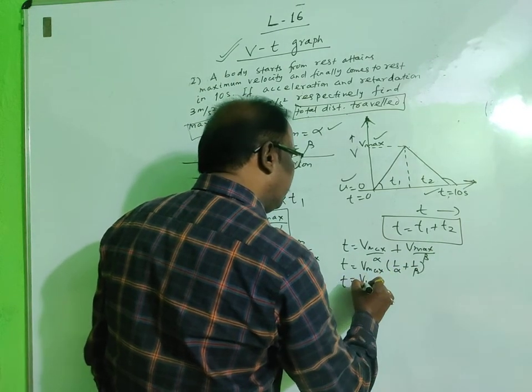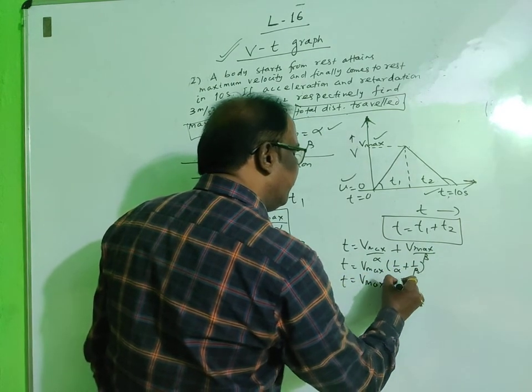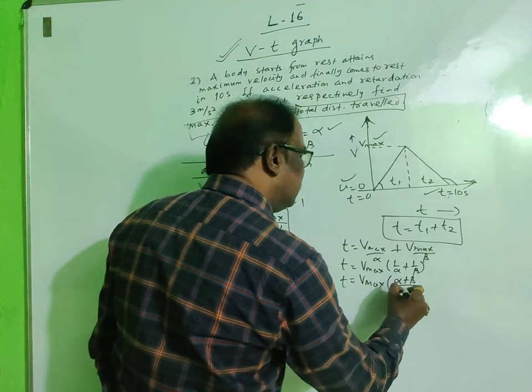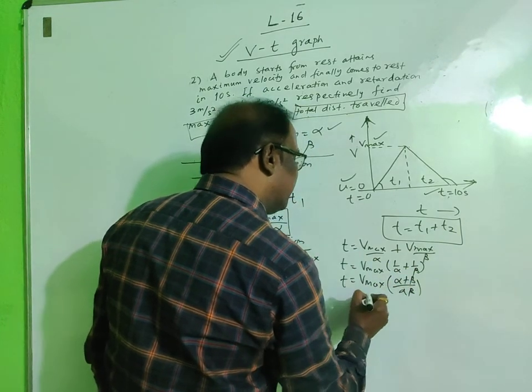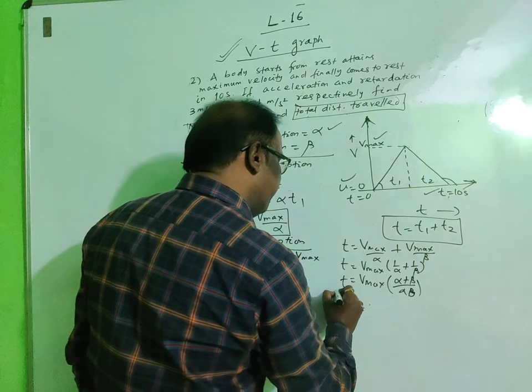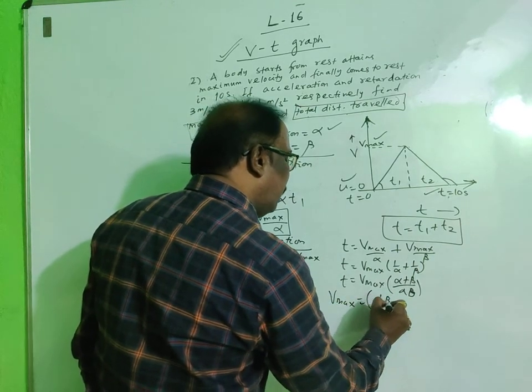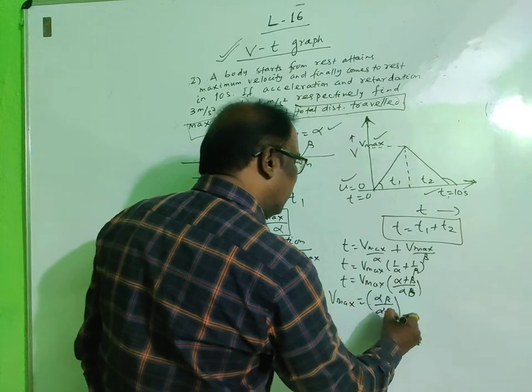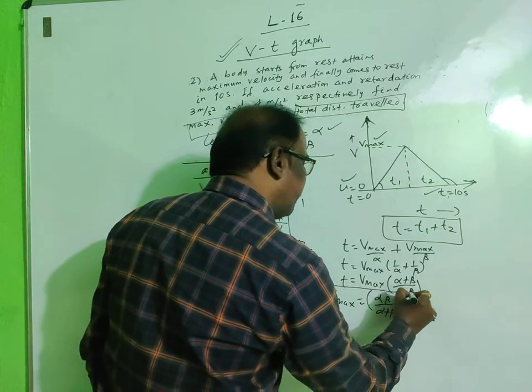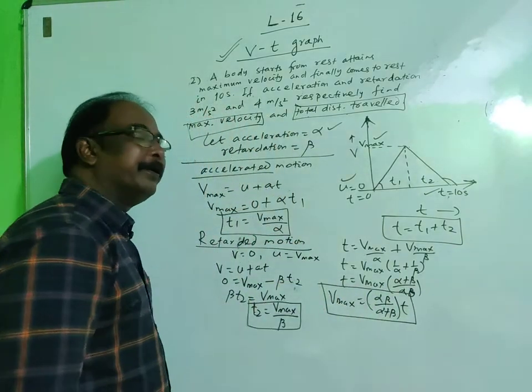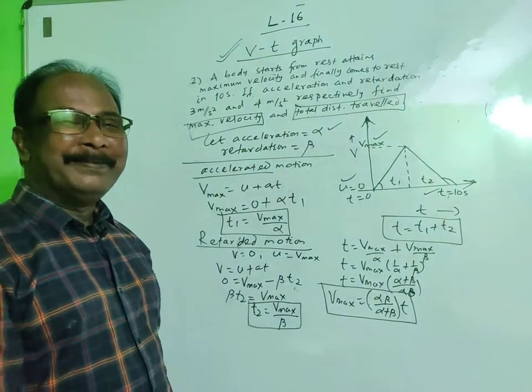Then t is equal to V max into alpha plus beta divided by alpha beta, which gives V max equal to alpha beta divided by alpha plus beta, whole into t. This is your formula for maximum speed or maximum velocity.